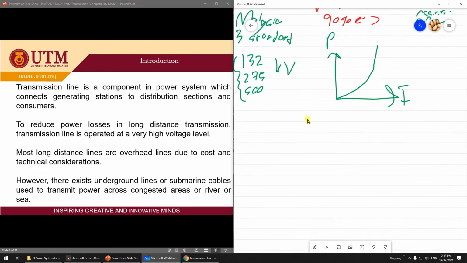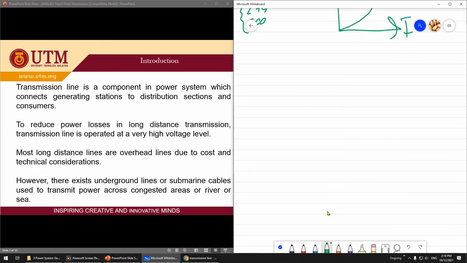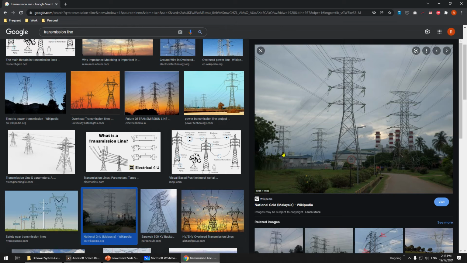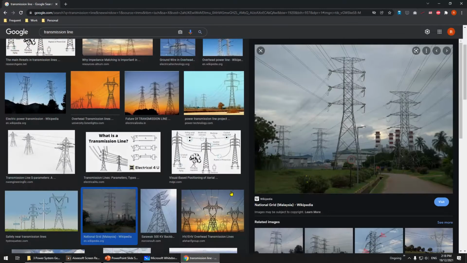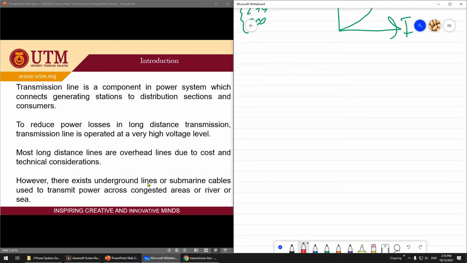Remember that I said the transmission line is usually overhead, something like this. I said that there is no insulation. Why? Because for long distances it is more cost effective to use air insulation.